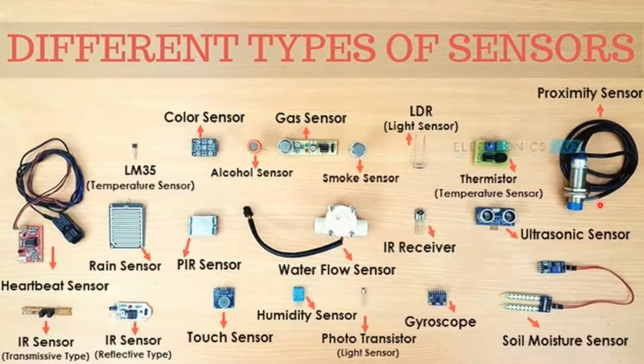Okay, proximity sensor, very popular, then ultrasonic sensor, another popular fellow, then soil moisture sensor, which is used for moisture control applications, gyroscope, IR receiver, this is motion controller, then humidity sensor, which will be similar to soil moisture sensor, but humidity sensor is used for atmosphere, moisture sensor is used for solid soil, phototransistors, touch sensor, so many sensors.